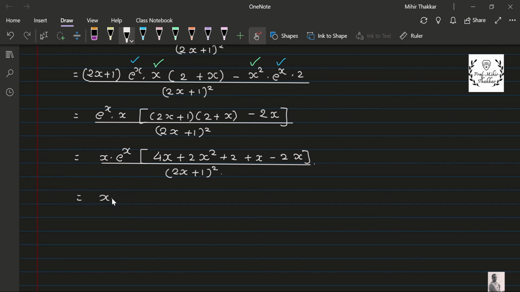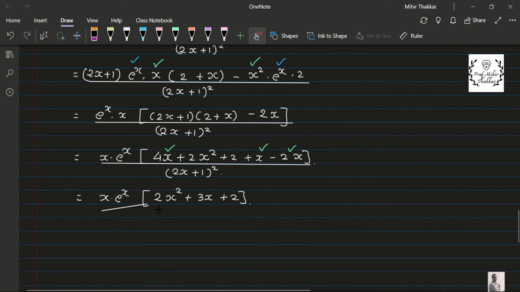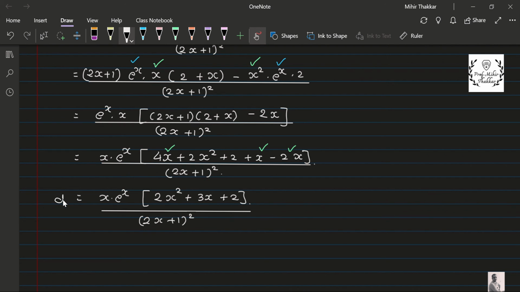Once again, x into e raised to x is as it is, and now 4x plus x is 5x. 5x minus 2x is 3x. So I'll write the answer in the proper order: 2x square plus 3x plus 2, and whole upon v square, which is again 2x plus 1, the whole square. This is my final value for dy by dx.